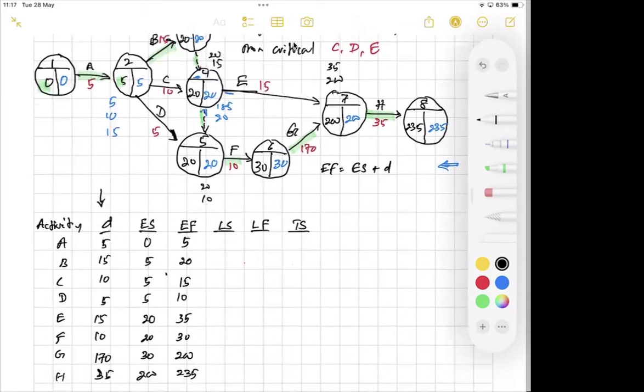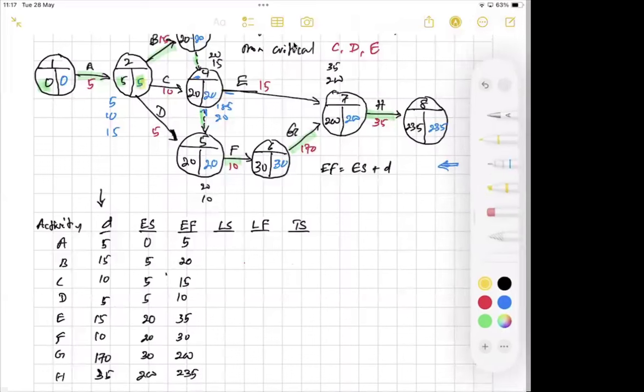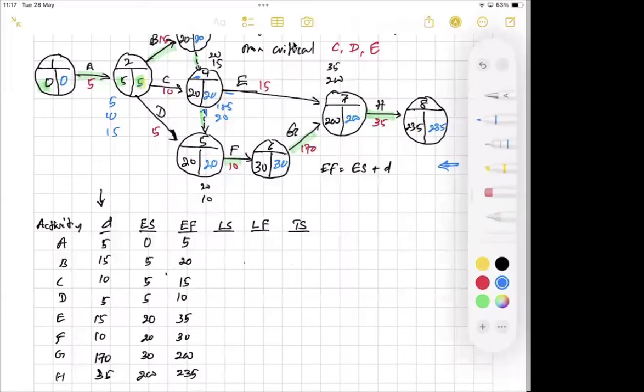Then we will find out the late finish time of all the activities, right? If you want to find out the late finish time of an activity, look at the head event of that activity, right? The head event of activity A is 2. Then look at the right hand side value. The right hand side value is 5, right? Late finish time. If you know the late finish time, you can simply find out the late start time.